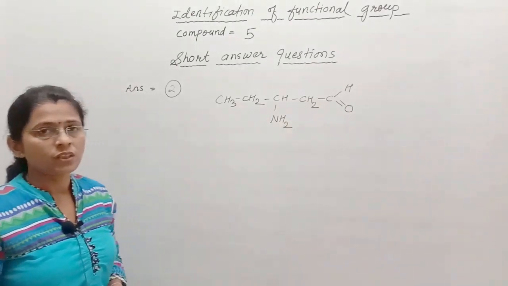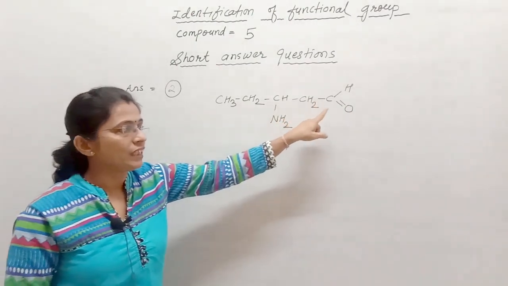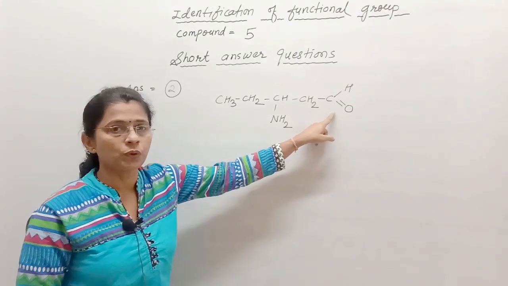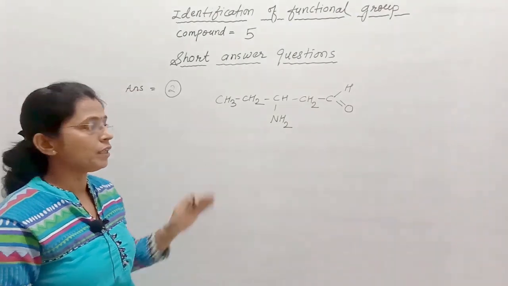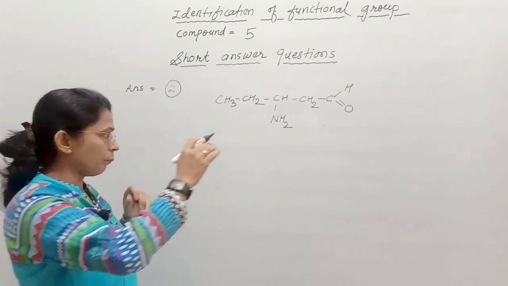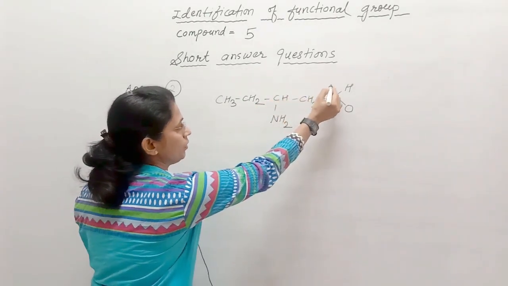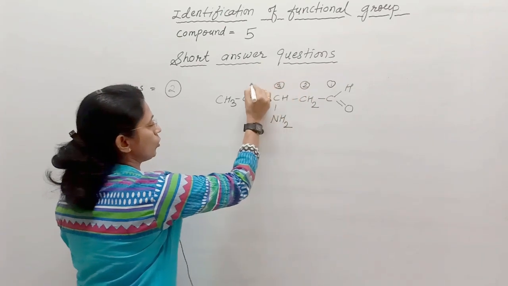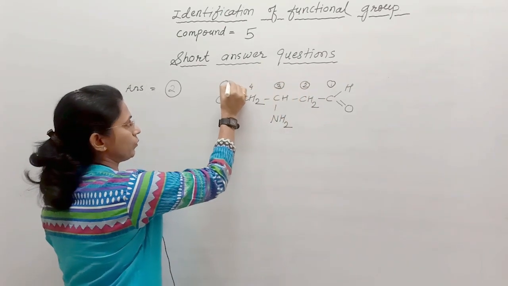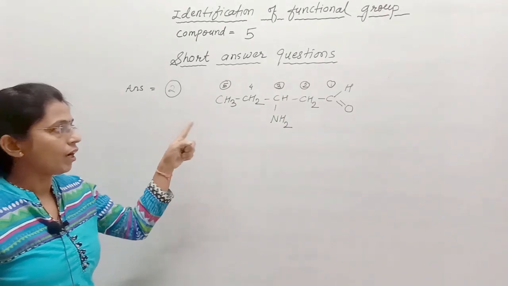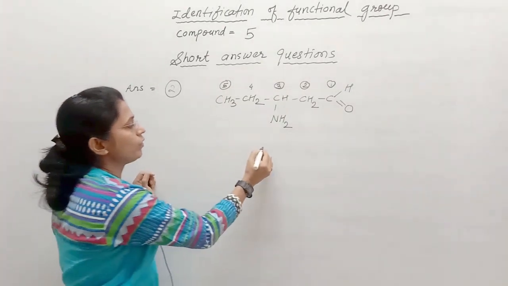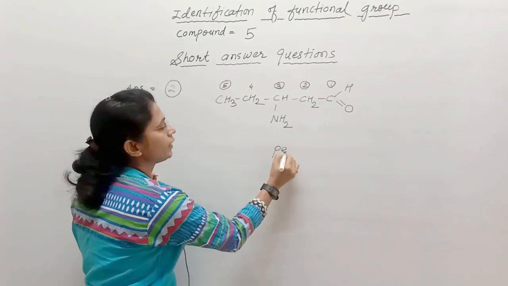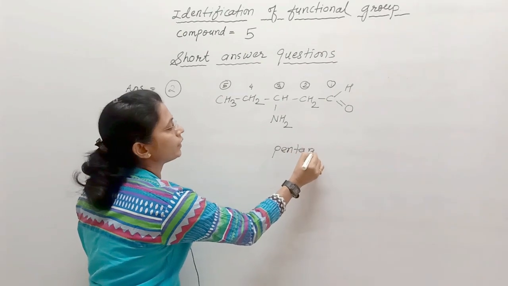In IUPAC nomenclature, the priority is given to CHO group. That's why while naming such a compound, we will number from this carbon 1, 2, 3, 4 and 5. Total carbons are 5. That's why I will write parent alkane as pentane.